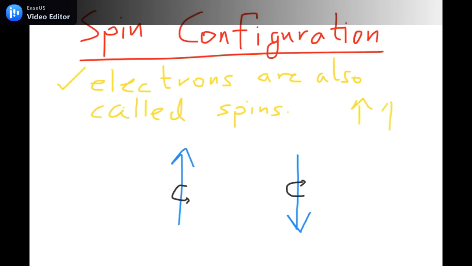One is the upward spin and the downward spin. Now, to find the direction of movement of the spin, we use the right-hand grip rule that we did in O-level physics. So our thumb points in the direction of the arrow, and the direction of our curved fingers shows us the direction of the rotation of the spin. So the upward spin has an anti-clockwise rotation, and the downward spin has a clockwise rotation.